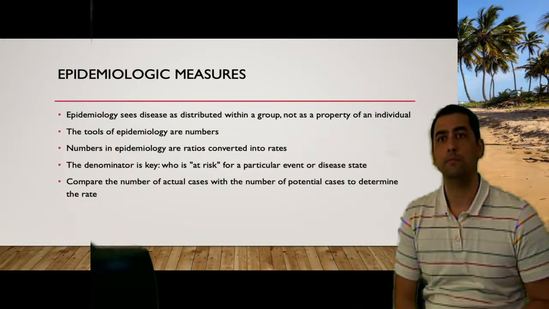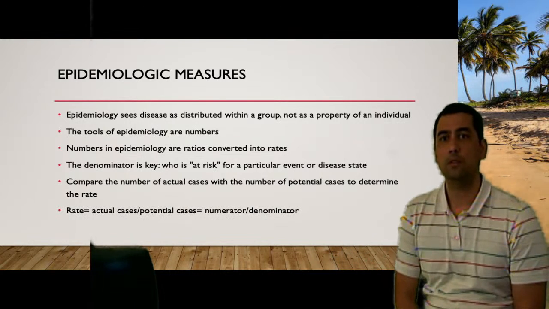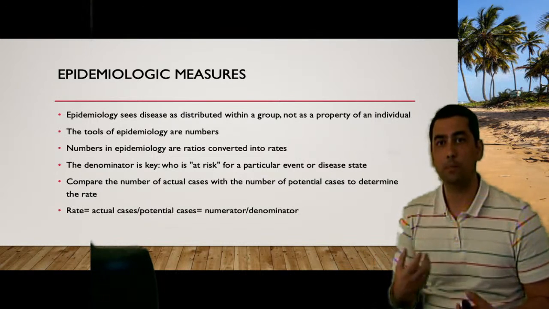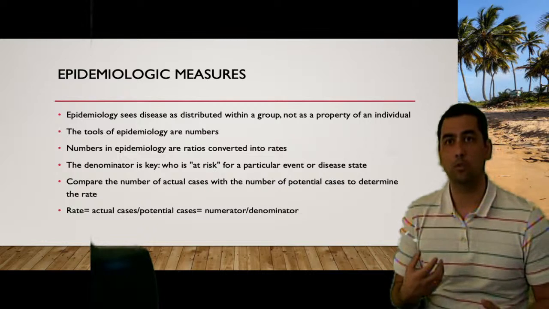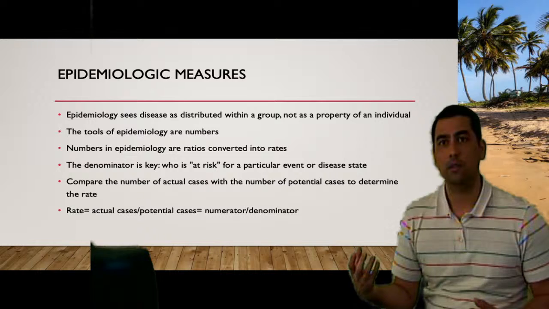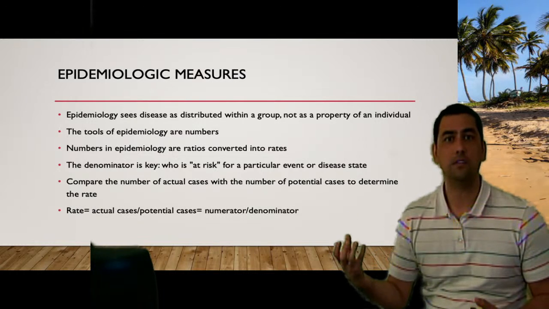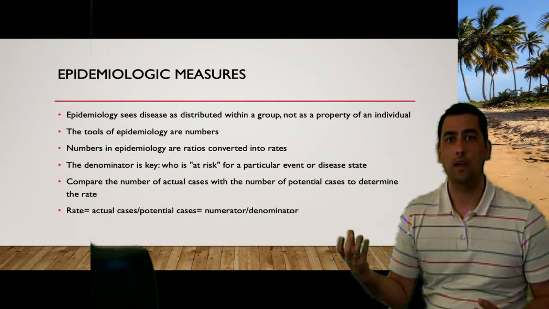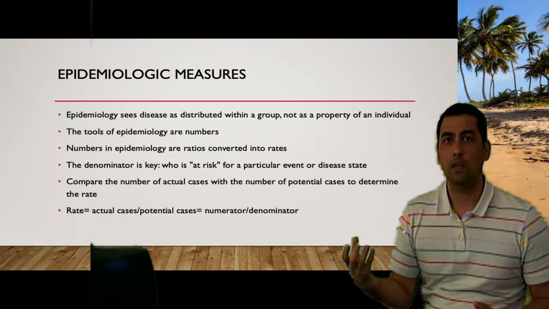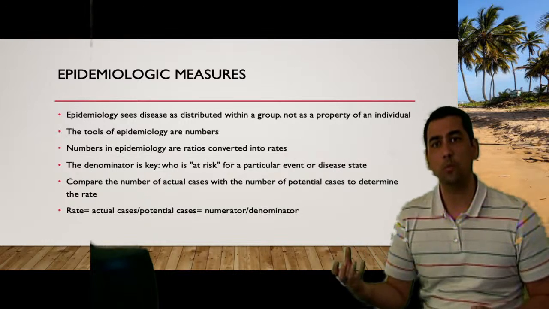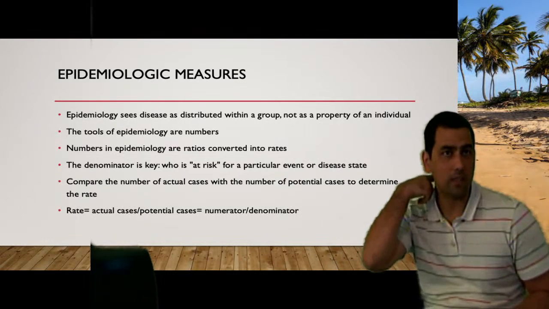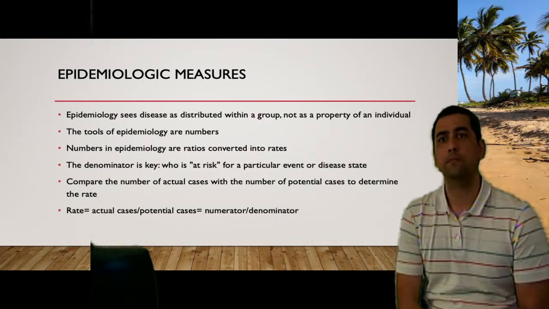Okay? Rate is actual cases over potential cases. So the numerator is the actual cases with the disease, and the denominator is who is at risk, the potential cases.